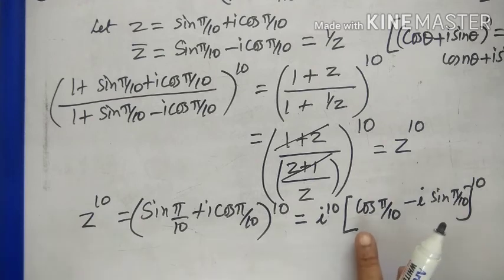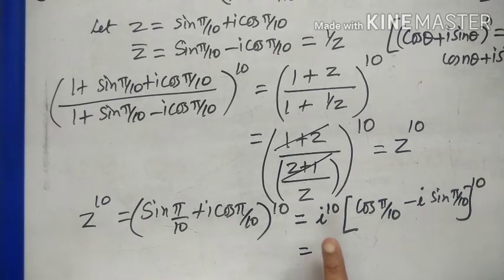Now this is cos theta plus i sin theta, so I can very well bring 10 inside. What is i power 10? Let us recall, i power a multiple of 4 is plus 1. I power even but not a multiple of 4, I will simply write minus 1.